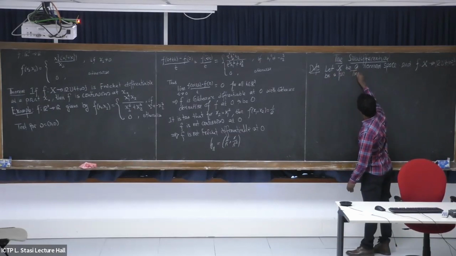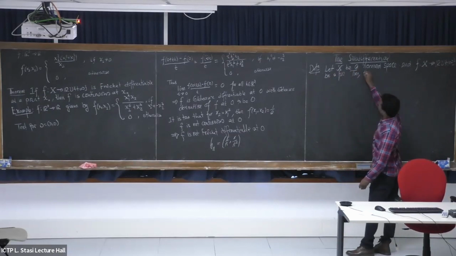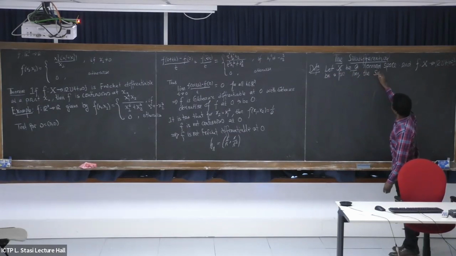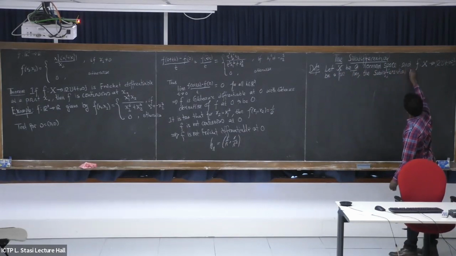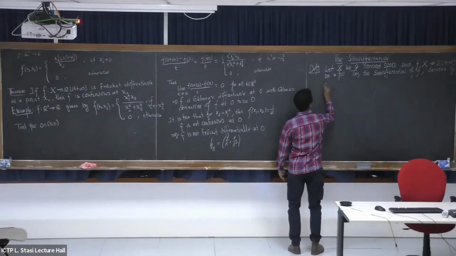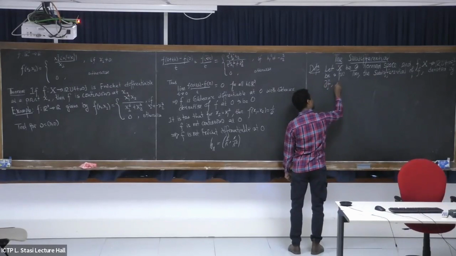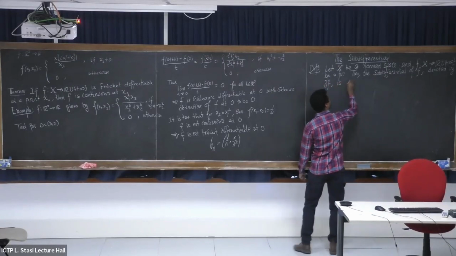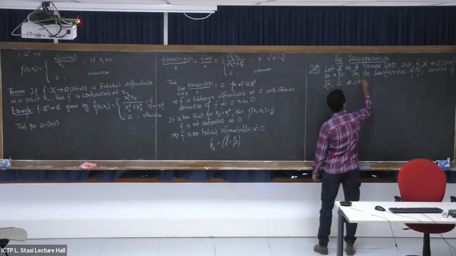Then the subdifferential of f is denoted by this. It is a set valued mapping.